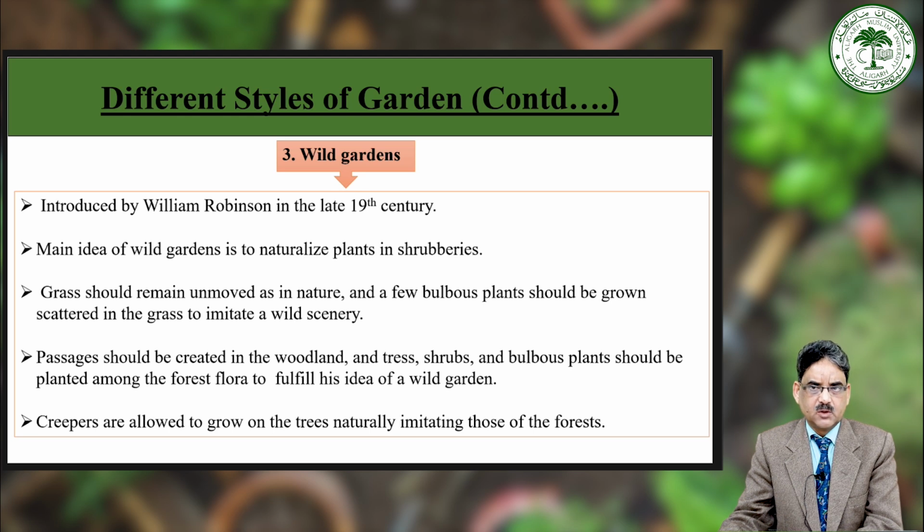This slide shows our last type, that is wild style garden. It was introduced by William Robinson in the late 19th century. The wild garden style focuses on naturalizing plants in shrubberies.